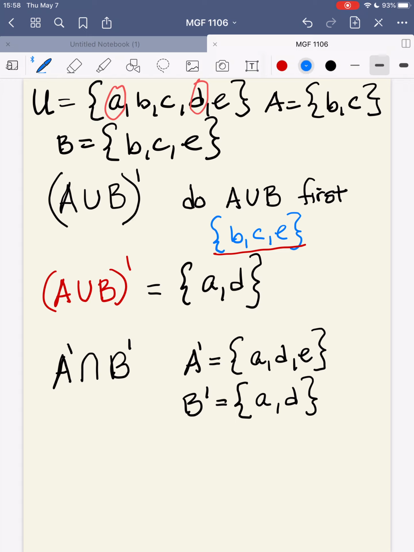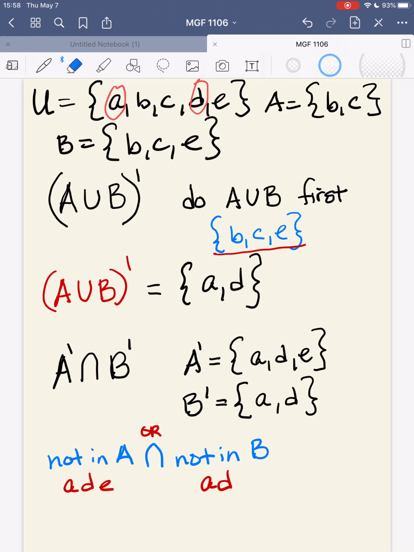In our last part of this, we need to find what is not in A, or A complement, and not in B. All right. So remember, the items that were not in A are A, D, and E. The things that are not in B are A and D. This is and, not or.